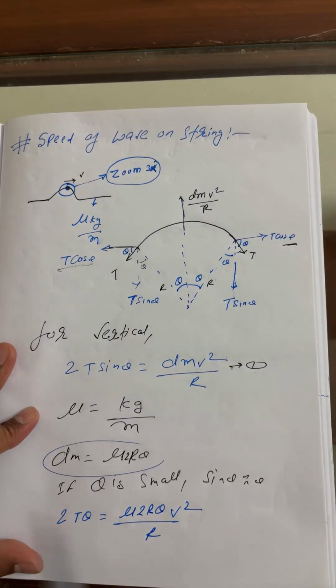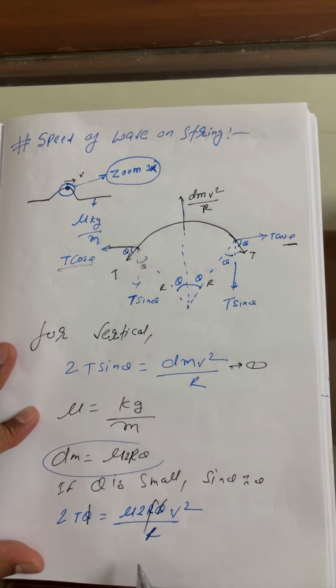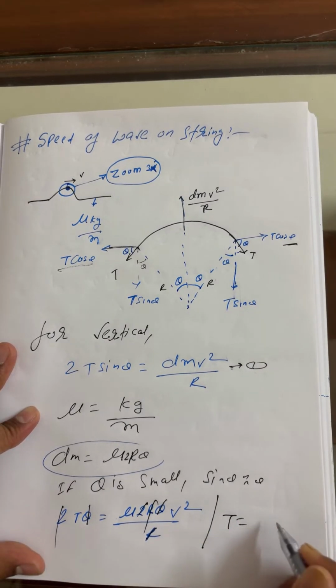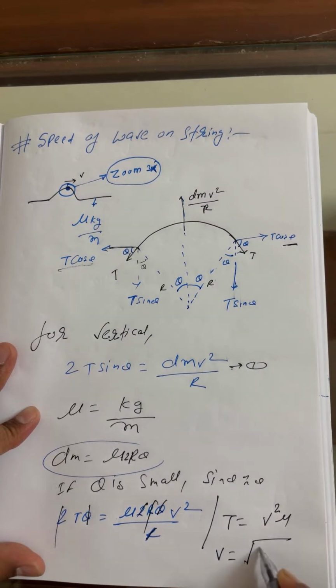Now it is a simple simplification. The theta cancels, and the R cancels. So T is equal to v square into mu, which gives v equal to root of T by mu.